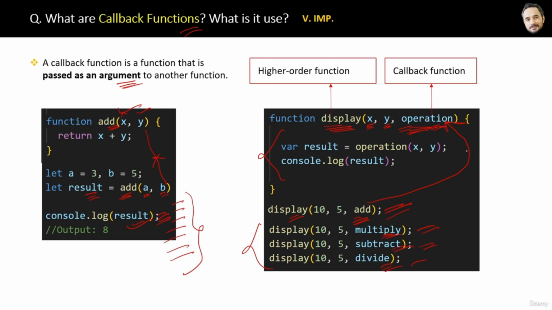Another benefit is all the display code will be inside a single function. As a result, the code will look cleaner and more structured, right? In big applications where functions are large and complex, these kinds of things are very helpful. So that is the importance of the callback functions.